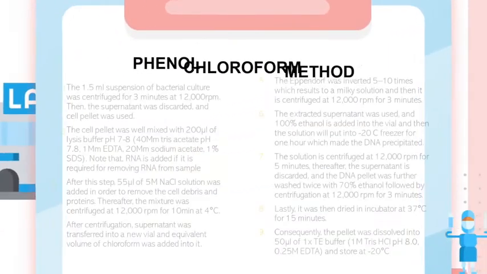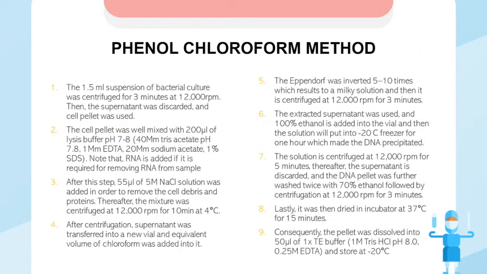In the phenol-chloroform method, the 1 ml suspension of bacterial culture was centrifuged for 3 minutes at 12,000 rpm. Then the supernatant was discarded and the cell pellet was used.